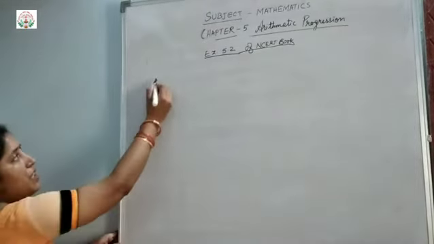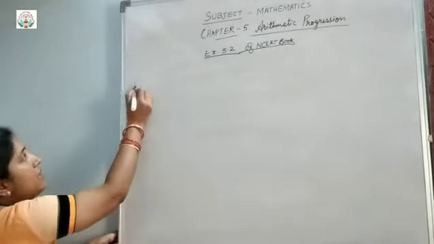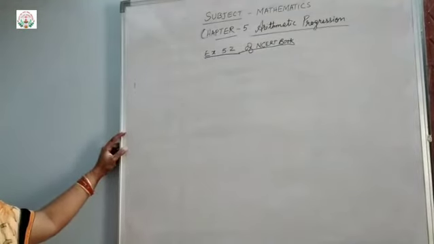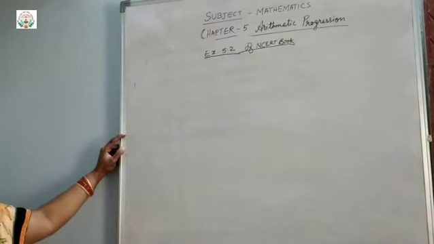First, a table is given. The question says fill in the blanks in the following table, given that A is the first term, D is the common difference and An is the nth term of the AP.